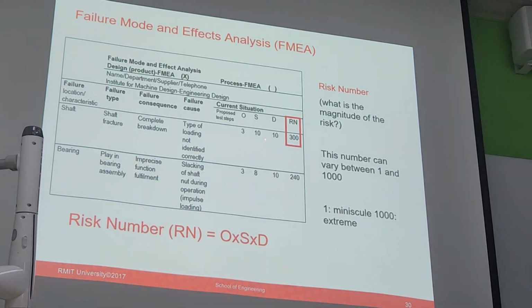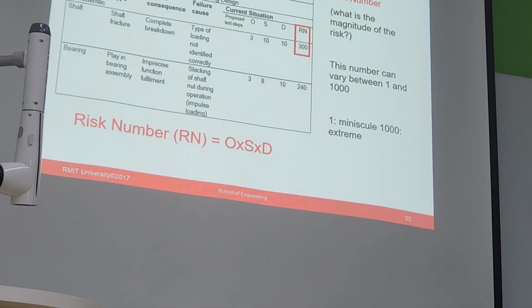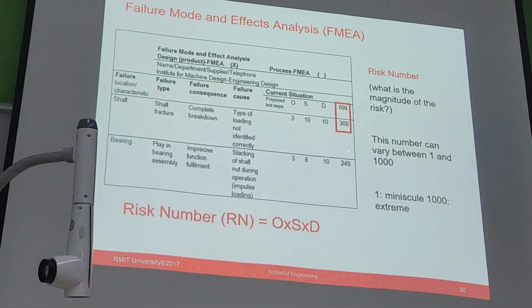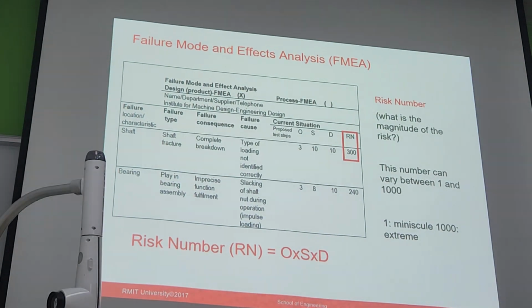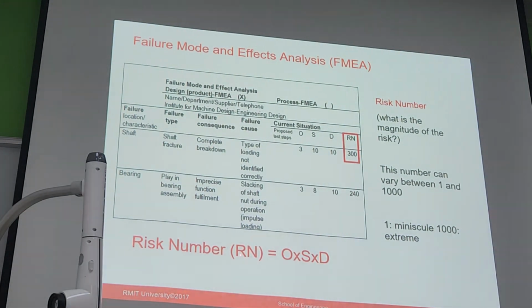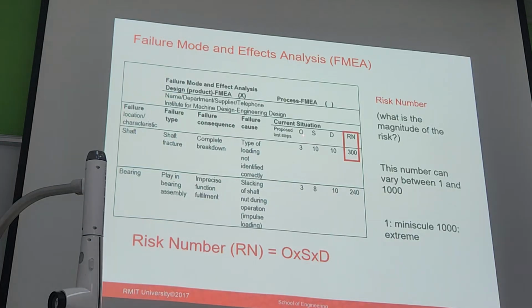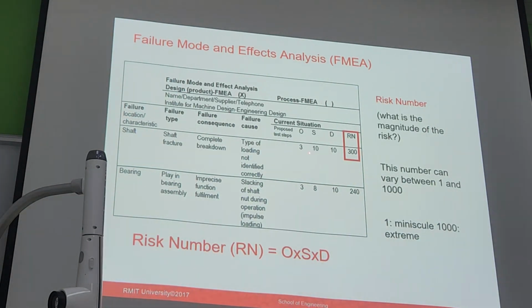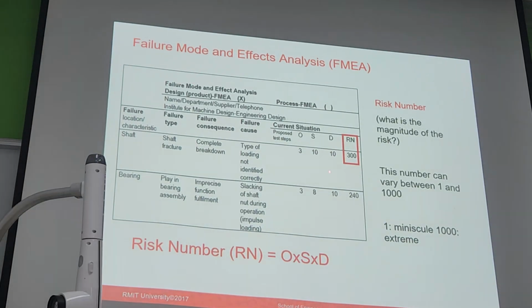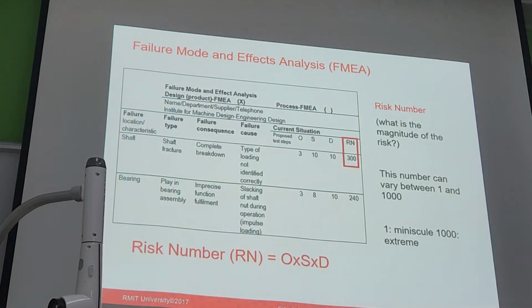S and D are maximum, but O is roughly good. So we have to find Rn. Rn is the risk number. Rn means O multiplied by S multiplied by D, and then 3 multiplied by 10 multiplied by 10, it means 300. Any questions so far?